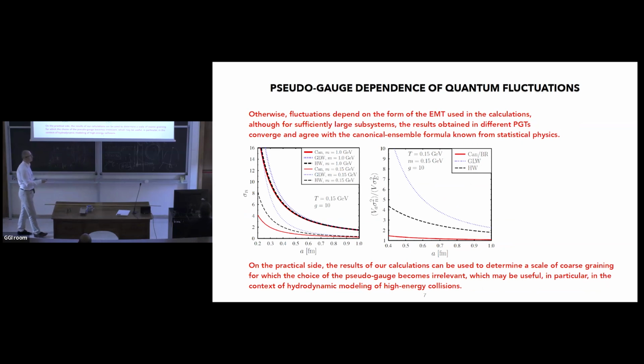We just took a size from 0.2 Fermi to 1 Fermi as the usual scale that one picks to define the coarse graining in hydrodynamics, because usually you go even below this. Usually the coarse graining is on the level of 0.2 to 0.4 Fermi, and if you see what is happening in this regime, these fluctuations are huge.